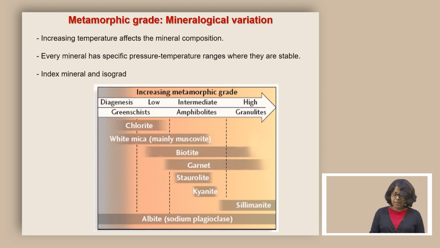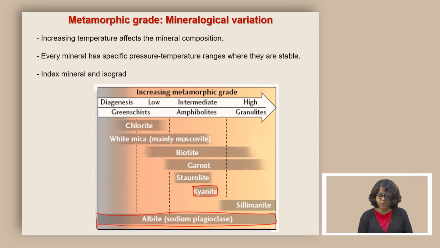On the other hand, there are minerals like kyanite, which are stable only in relatively narrow range of temperature and pressure conditions. So, if I compare, for example, kyanite with, let us say, albite, I am going to see that the albite actually is found in all types of metamorphic grades starting from low to high.